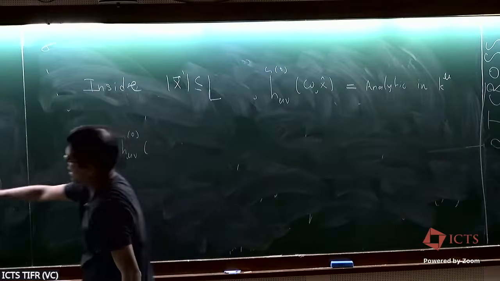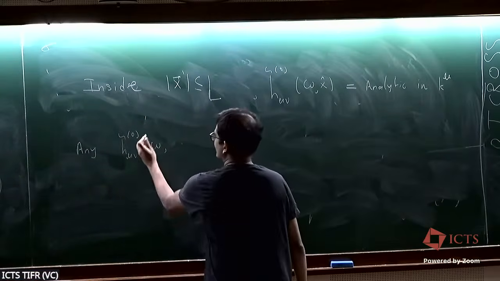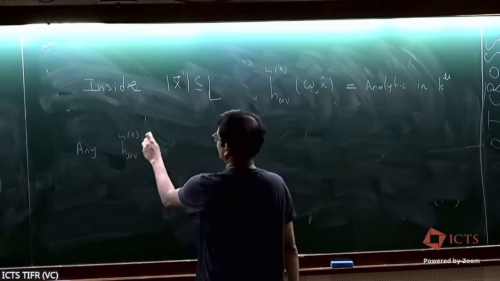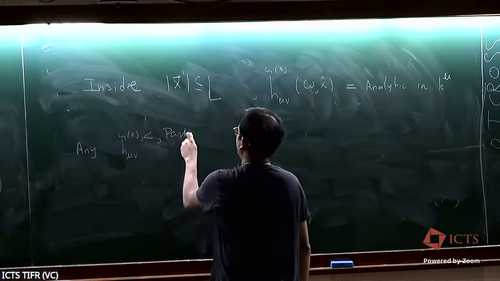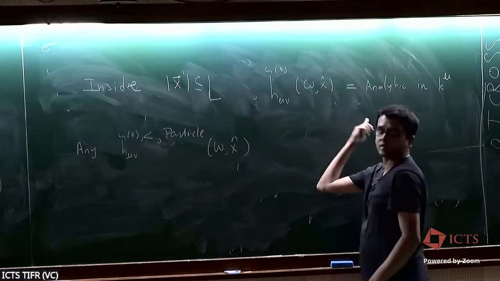So given this data, I want to solve for h mu nu. That's my goal. So what is my h mu nu? The h mu nu would be less particle. So I'm going to now write the answer, then we will argue based on this why this is correct.